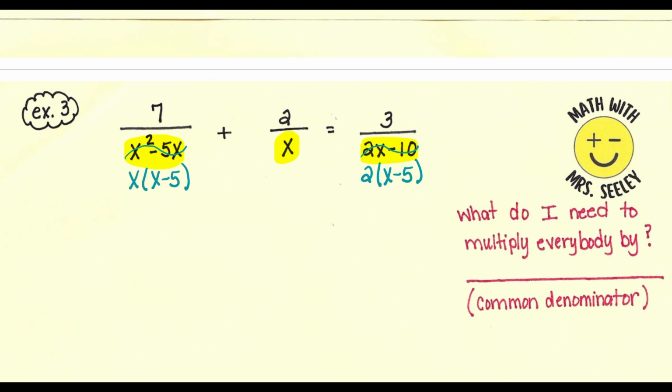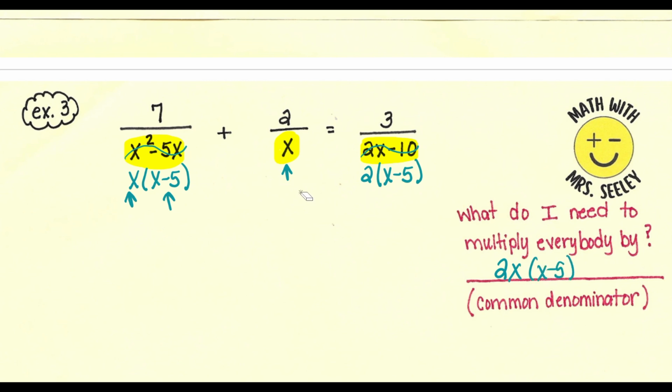Now, we got to pick a denominator that can handle or accommodate each of those individual things. I've got to be able to accommodate a 2. I've got to be able to accommodate just a single x, and I've got to be able to accommodate x minus 5.